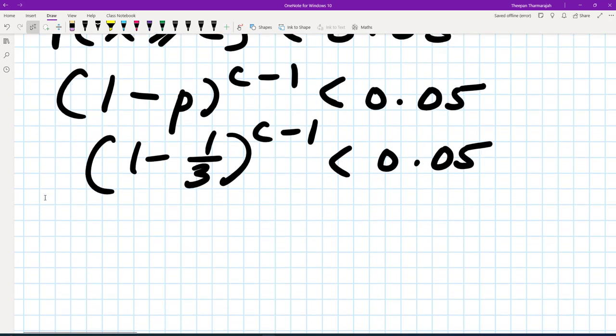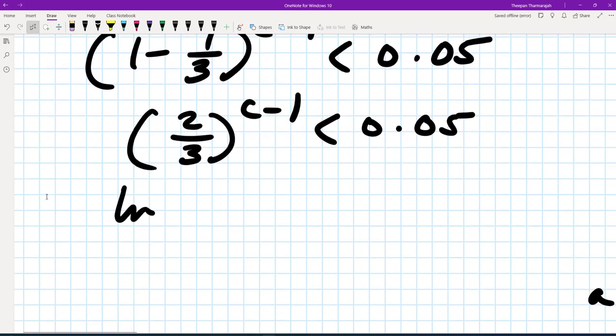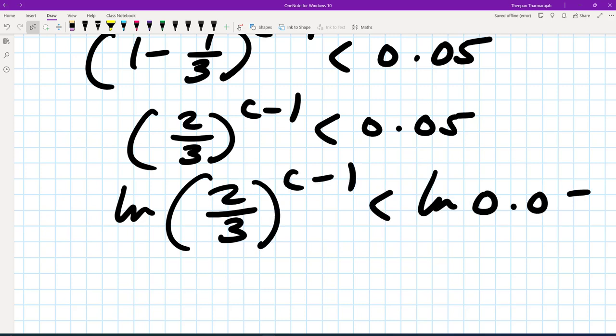So we get (2/3) to the power of C minus 1 is less than 0.05. So we can say ln of (2/3) raised to the power C minus 1 is strictly less than the ln of 0.05.